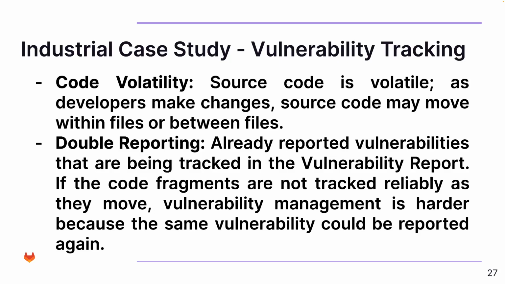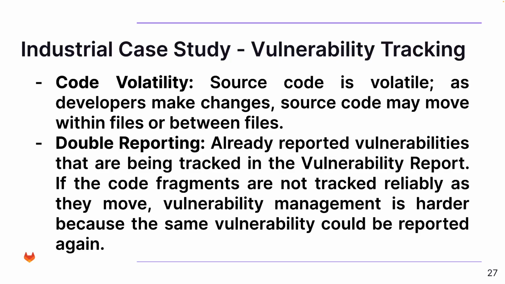The second issue is code volatility, because code is usually changing all the time. Developers apply changes all the time, which means that a vulnerability detected yesterday can move to a different source file or a different place in the code base today.